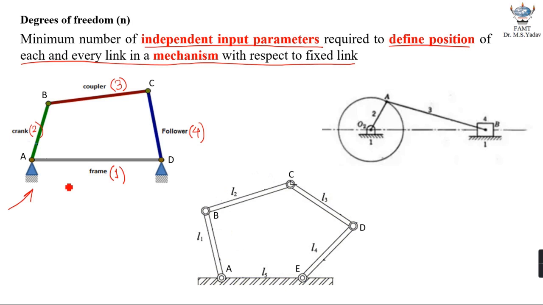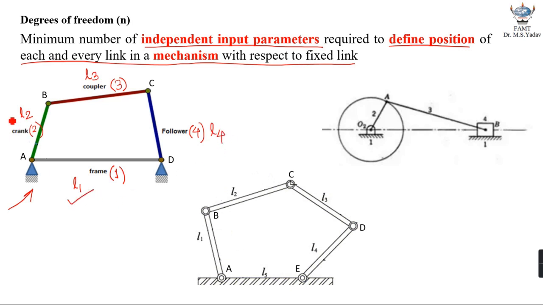So in this configuration, if we want to define position of link number 2, 3 and 4 with respect to link number 1, which is fixed, then I am in need of certain input parameters apart from the dimensions of the link. Let us say L1 is the length of the frame, L2 is the length of the crank, L3 is the length of the coupler, and L4 is the length of the follower.